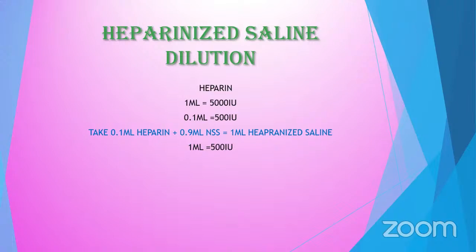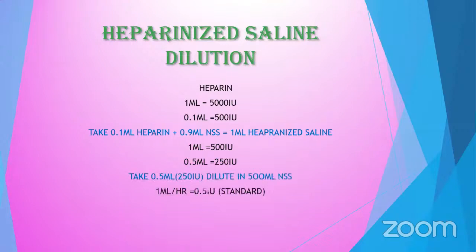Sorry, typo error. 1 ml is equal to 500 IU, so 0.5 ml is equal to 250 IU. So take that 0.5 ml, dilute in 500 ml of normal saline, so it will run at 1 ml per hour. That is the standard to be run.